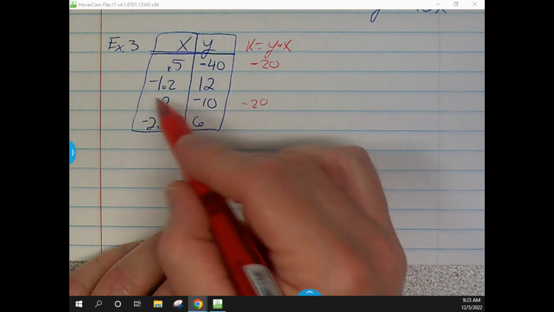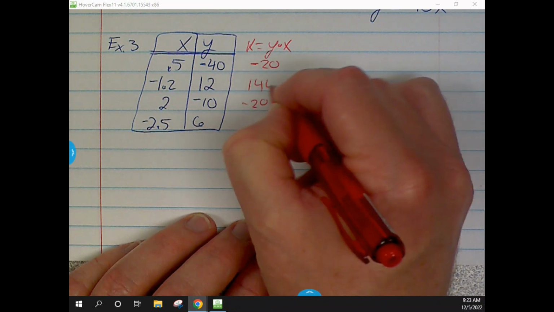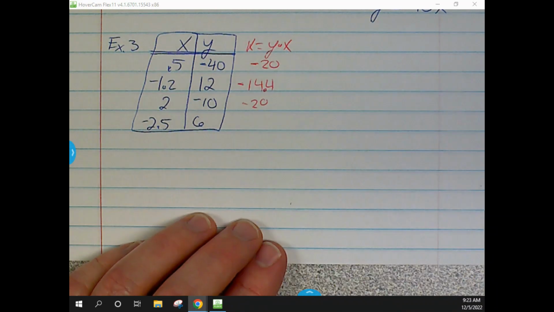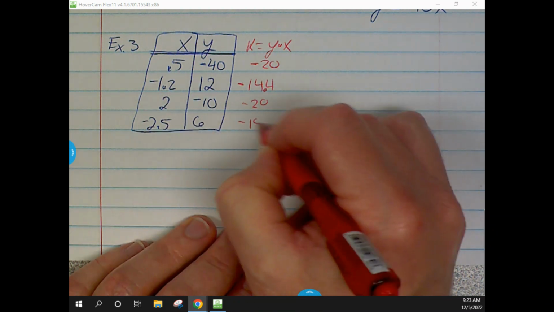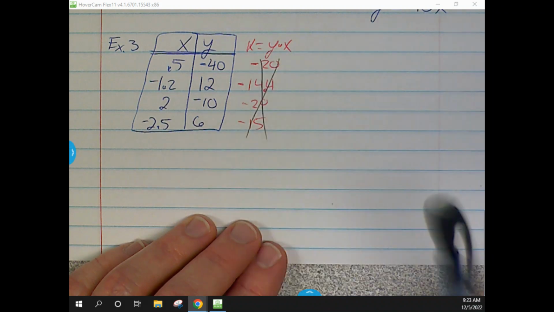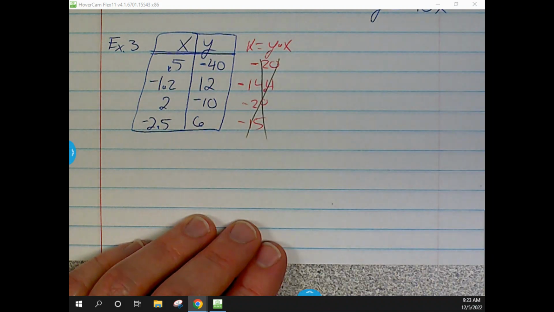If anybody remembers your 12 times 12, that would be 144. So that would be like negative 14.4. So it's in the ballpark, but it's not really quite close enough. Just like if you multiply these two together, it'd be negative 15. So they're all pretty close, but it's got to be the exact same number every single time. So we can't do y times x.